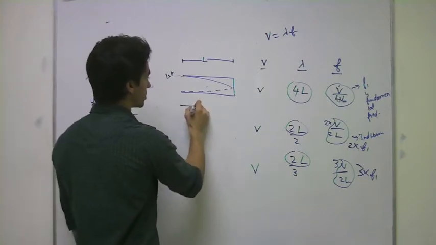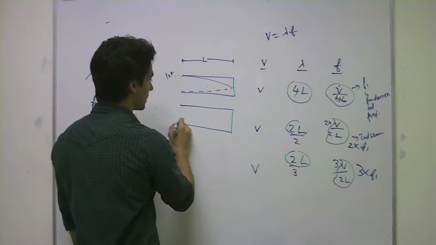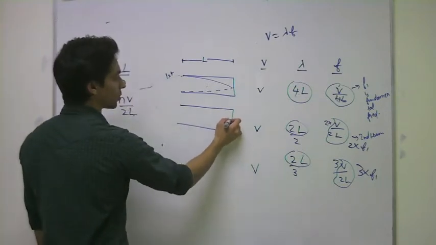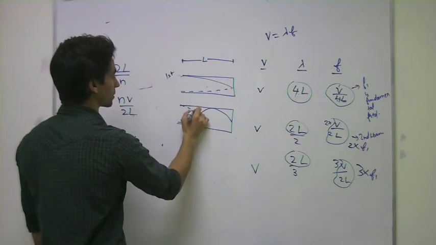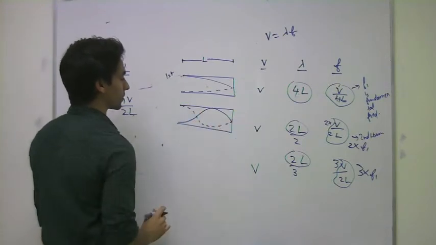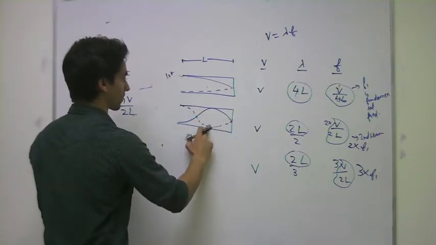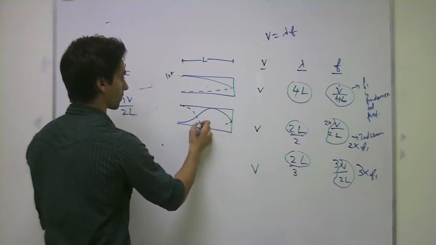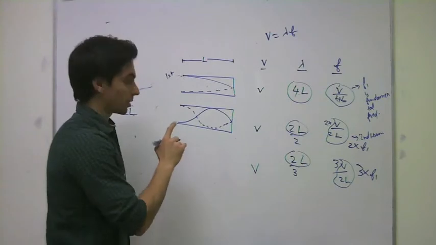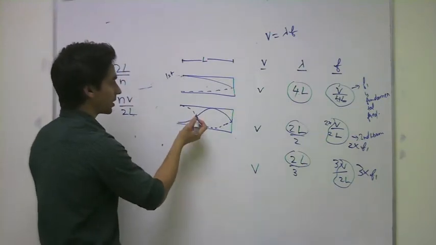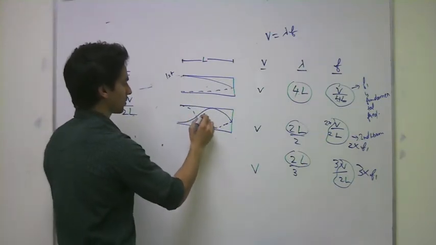The next mode of vibration, again, I need to have a node here and an antinode here. It will look like this. Now, over here, let's determine what the wavelength is.